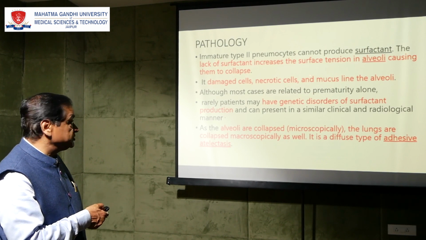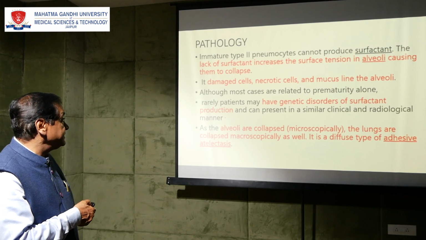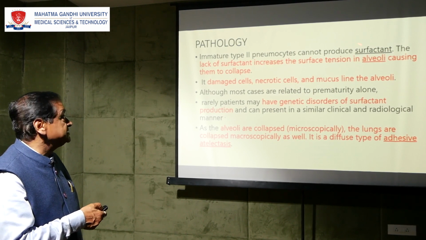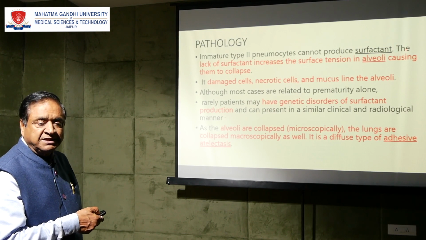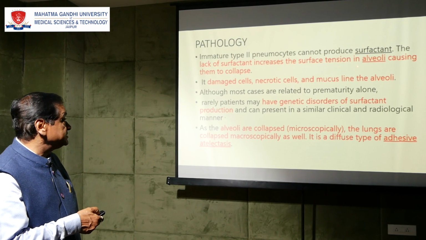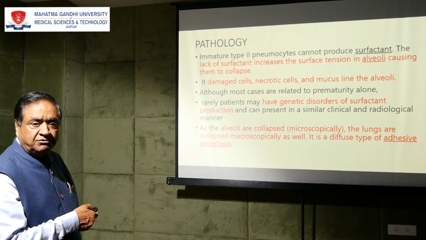Now, what is the pathogenesis? As we have seen, the surfactant is absent. When the surfactant is not there, there is a rise in surface tension in the alveoli. The surfactant has a role in alveoli, and because it is not there, and because of that increased surface tension, there is collapse of the alveoli.